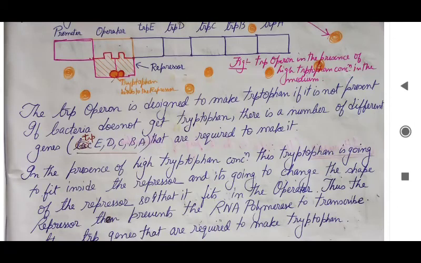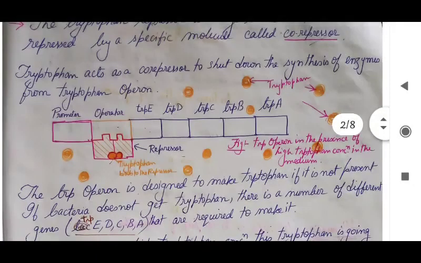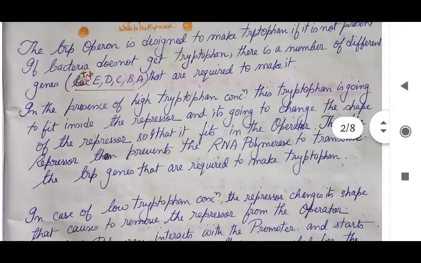If bacteria cells don't get tryptophan, then a number of different genes, TRPE and the others, are required to make it. Suppose there is a high tryptophan concentration, as you can see in the figure. Then tryptophan is going to fit inside the repressor and change its shape so that the repressor can fit into the operator.